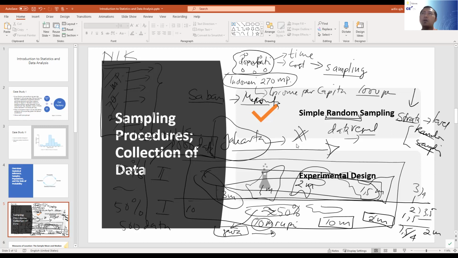This method is more reasonable to get the real data about the Indonesian income per capita.